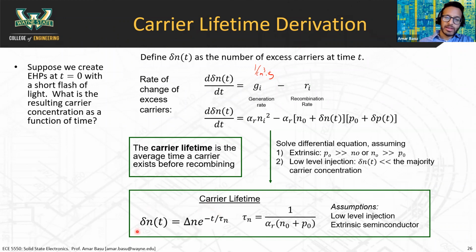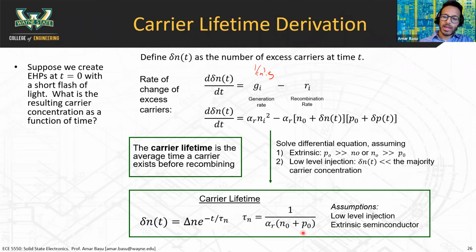given by this equation here, which I showed you on the last slide, and this tau sub n is equal to 1 over alpha r times N0 plus P0. Okay. So the carrier lifetime actually depends on the electron and hole concentration. It's inversely proportional, as you might expect.